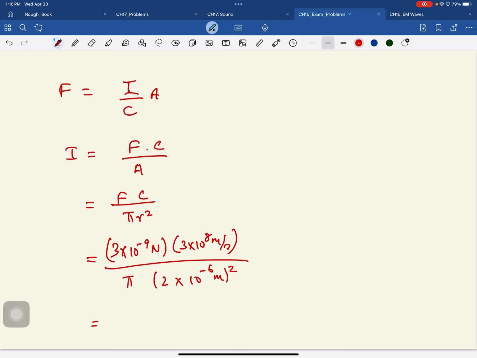All right, so 9 times 10 to the 11 divided by 4 pi watts per meter squared. That looks like a pretty intense beam.